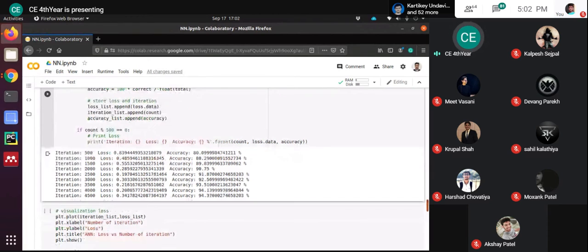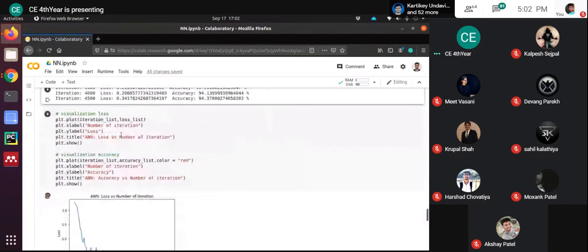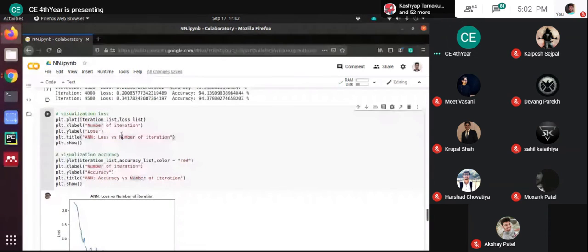And the last thing is just the visualization, where from the list that we have just generated, we'll try to plot it using the matplotlib plot function.